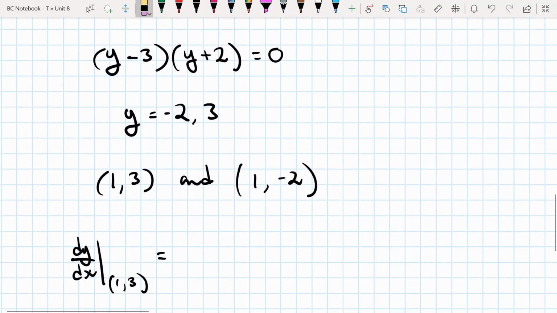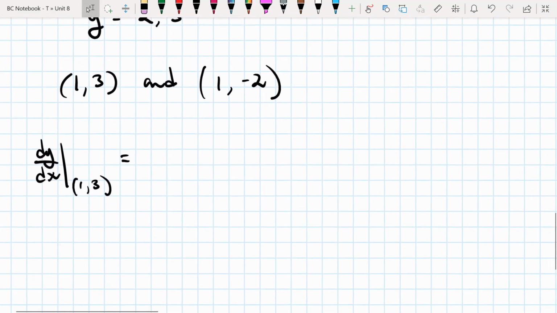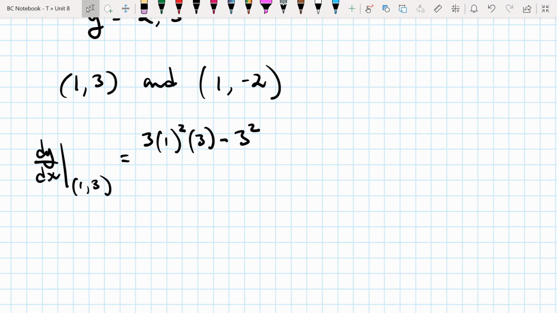And that's going to give us the m value at (1, 3). So what we'll get is 3 times 1 squared times 3 minus 3 squared over 2 times 1 times 3 minus 1. Okay? In the numerator, we get 9 minus 9.